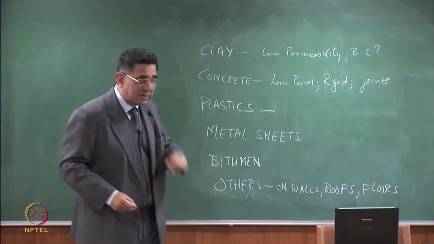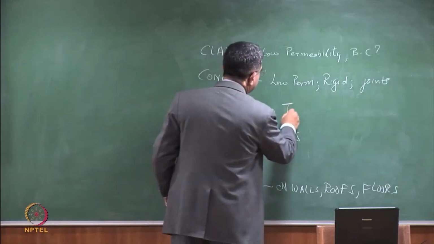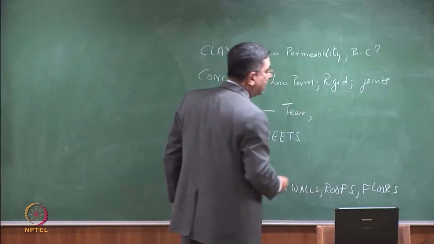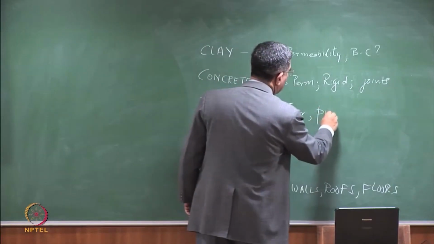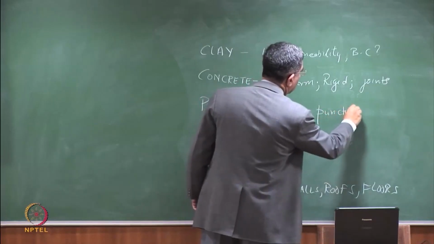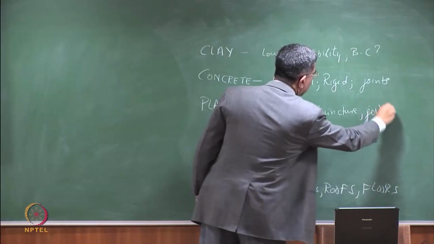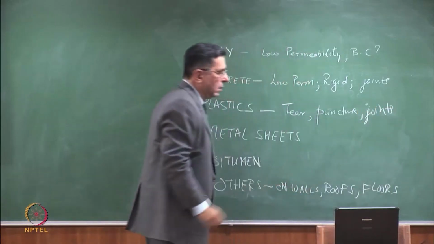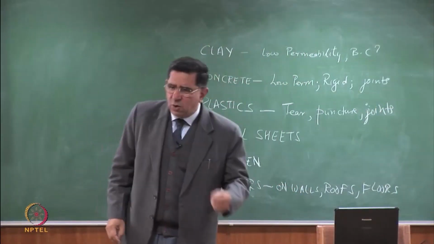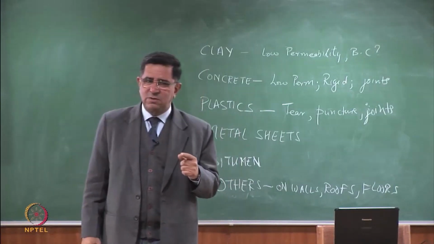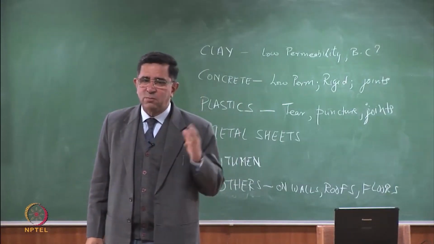So plastics, we said: tear, puncture, joints. But one can always make a plastic which is puncture and tear proof.